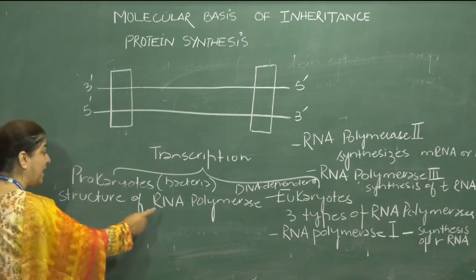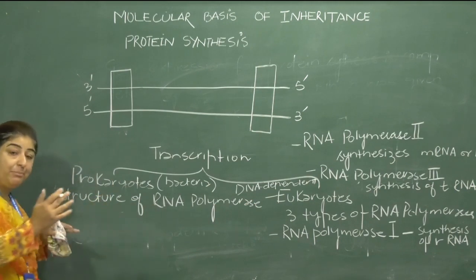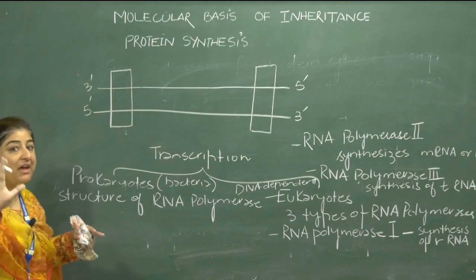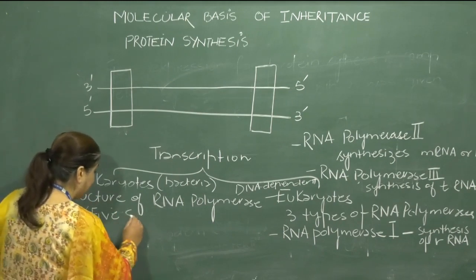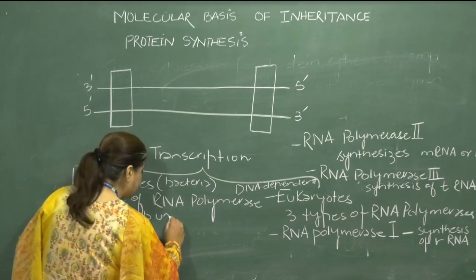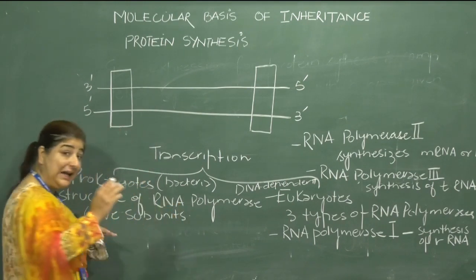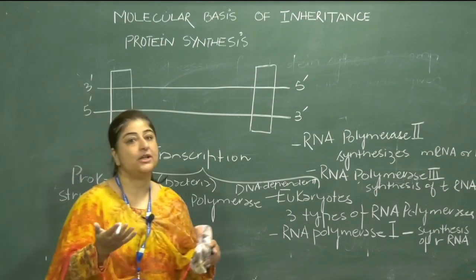So in prokaryotes this RNA polymerase is composed of 5 subunits, and each subunit has its individual functions.